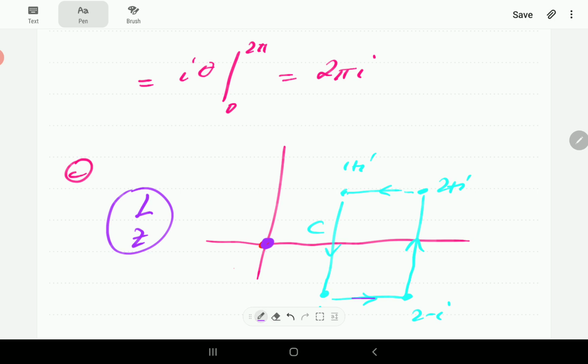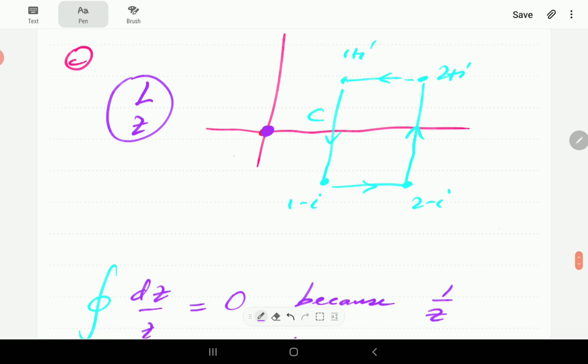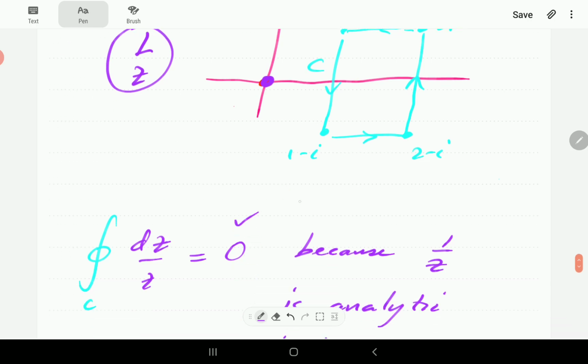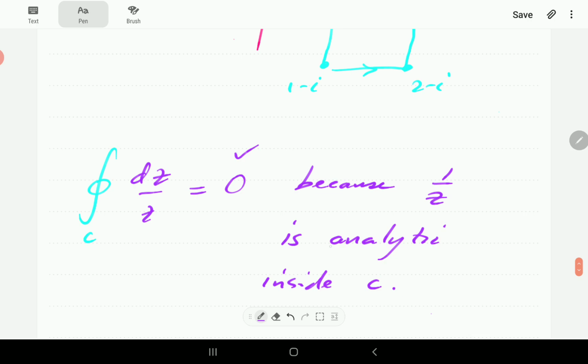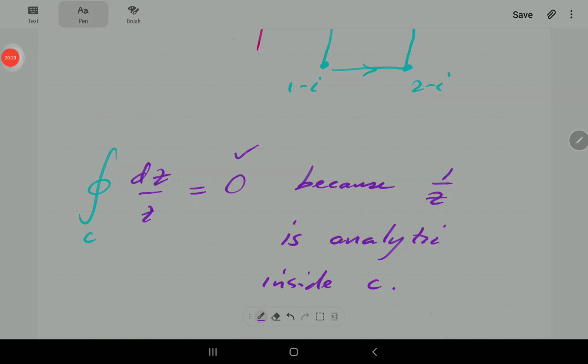So that means everywhere along this contour and inside, 1 over z is analytic, and so the integral is going to be 0 because 1 over z is analytic inside. Inside a closed contour also includes the boundary of the contour.